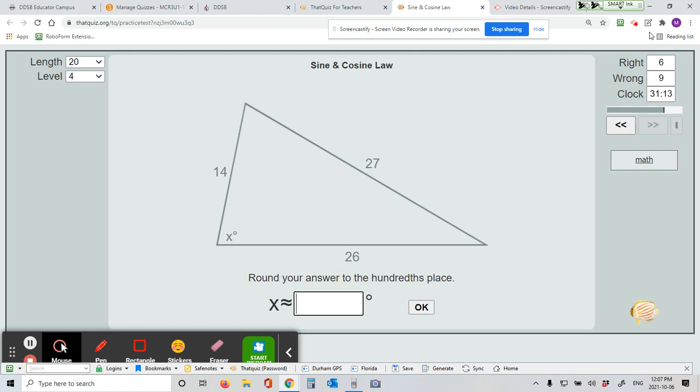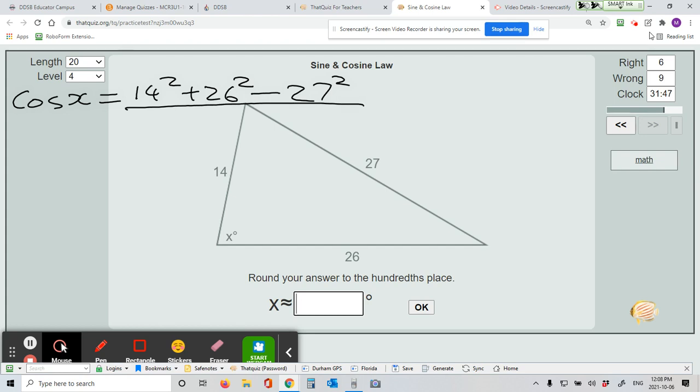Cosine of x, good. I start here. Well done. So the 14 squared plus the 26 squared, and then minus the 27 squared, because this is your A. This is your combination, which would represent your A. That's your angle A, that's your side A, absolutely. Okay, so 14 squared plus 26 squared minus 27 squared, all over, keep going.